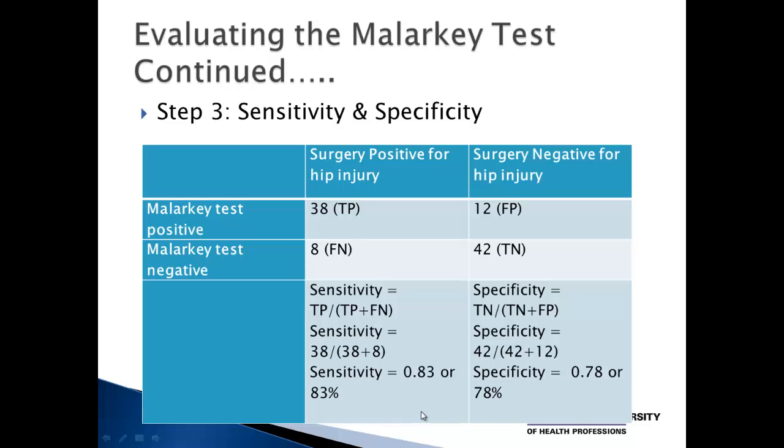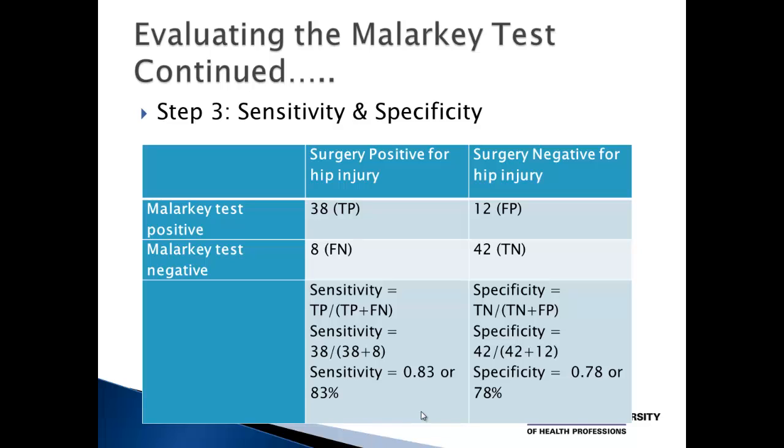So first of all, sensitivity, again, is how likely is a test to produce a true positive outcome. So in other words, how well does the test identify individuals who have a hip injury relative to the reference standard? So we also often refer to this as the true positive rate.